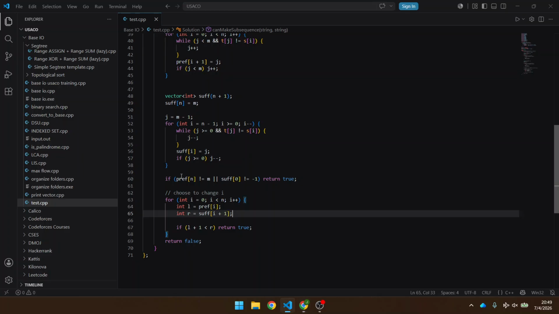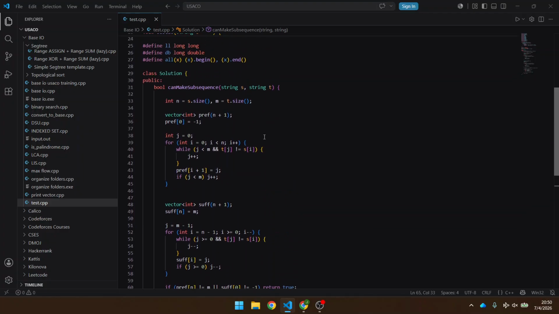Problem two is you have to take the prefix and the suffix of the strings.